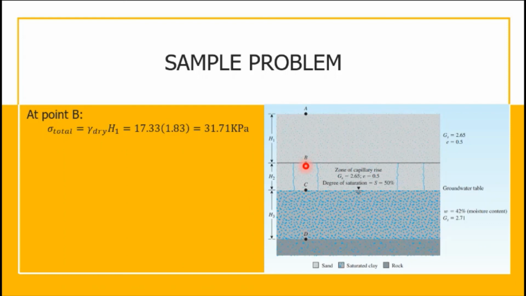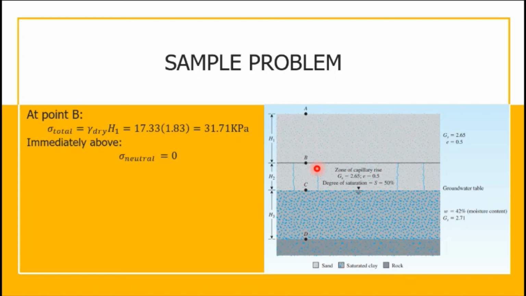Immediately below point B, dun pa lang siya sakop ng zone of capillary rise. Therefore, kapag immediately above point B, the neutral stress is equal to 0.